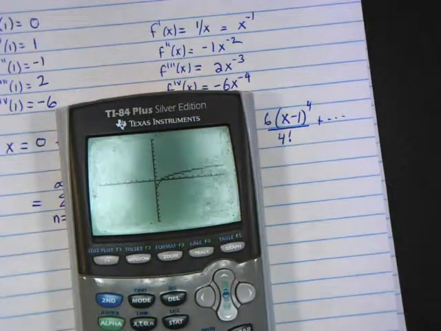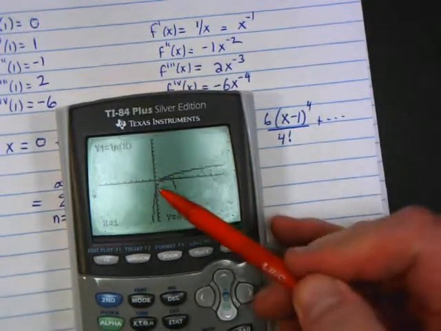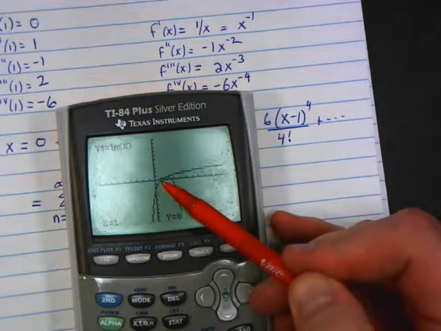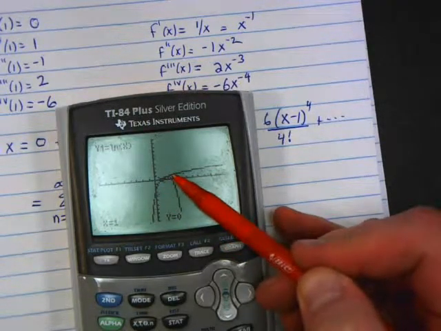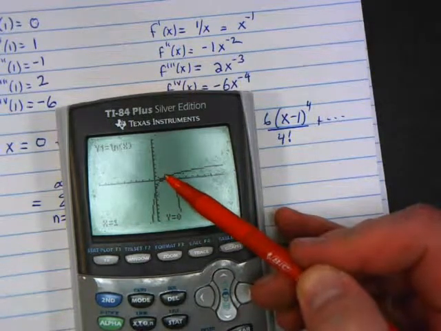Here's ln x. Looks pretty good between maybe 0 and there's 1. 0 and somewhere over there. Looks pretty good.